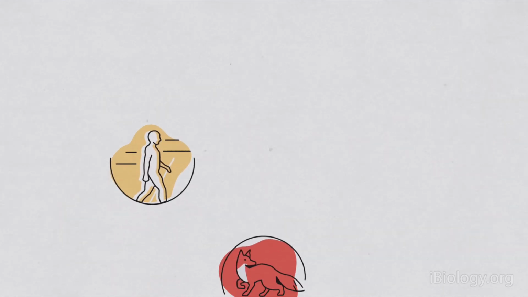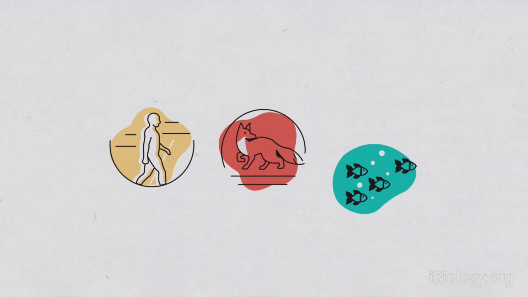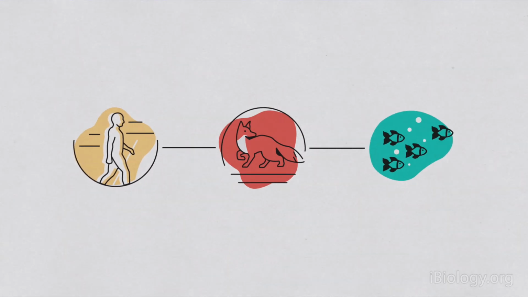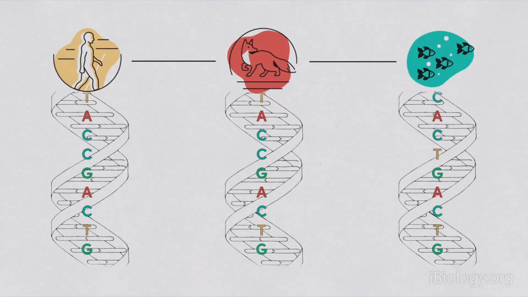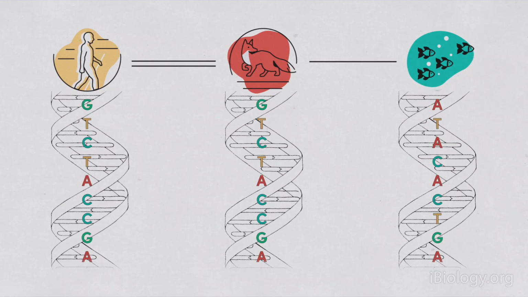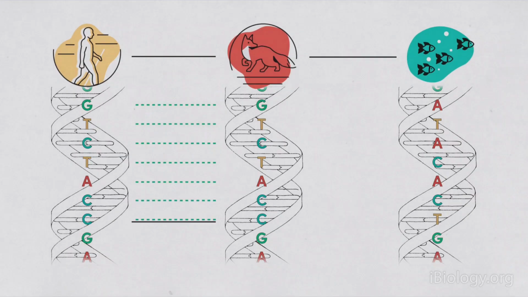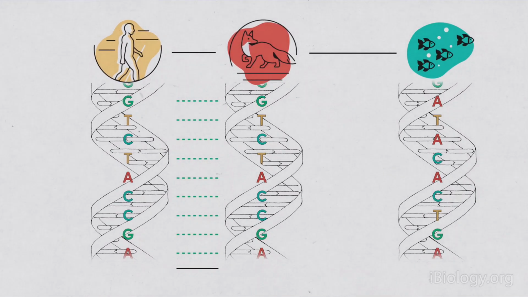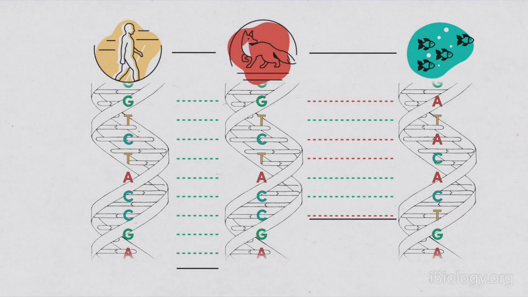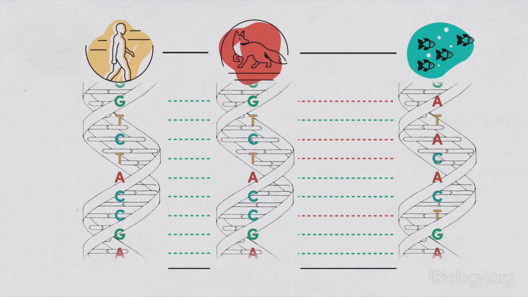In the 1960s, scientists began to wonder if they could determine the evolutionary relationship between different species by comparing their DNA sequences. The more similar the DNA sequences of two organisms, the more closely related they must be. Less shared DNA suggests a more distant relationship.